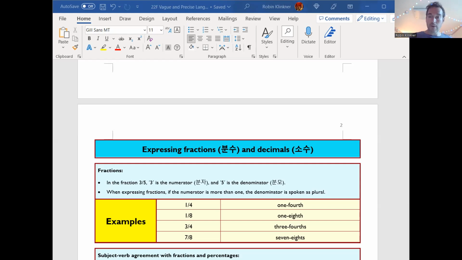Now round down, 1 through 4. 72%, around 70%. $2.03, about $2. Okay, last part. Rounding up, 98%, around or about 100%.